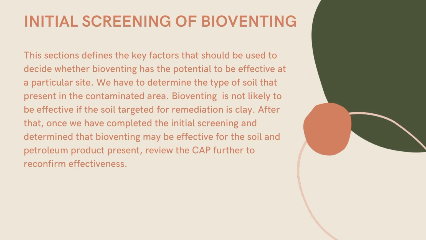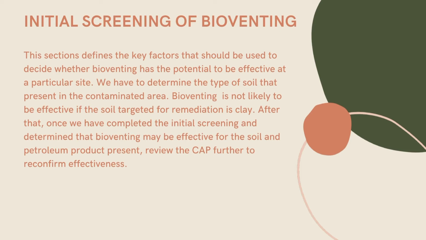This section defines the key factors that should be used to decide whether bioventing has the potential to be effective at a particular site. We have to determine the types of soil that are present in the contaminated area. Bioventing is not likely to be effective if the soil targeted for remediation is clay.